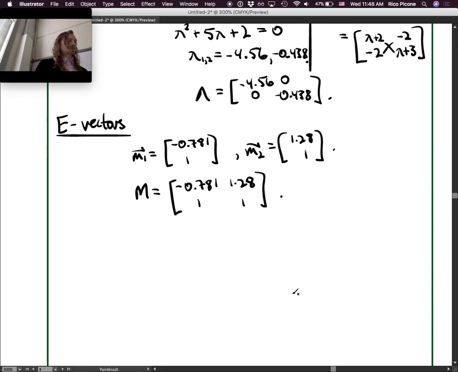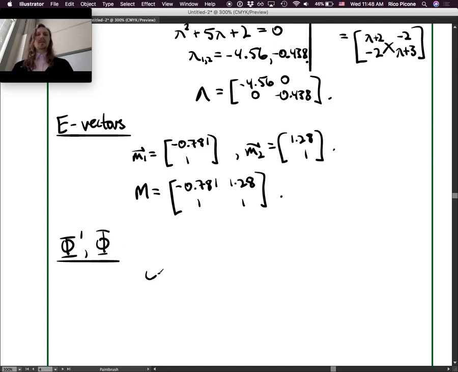Now all we need to do is find phi. Well, first we'll find phi prime, and then we'll find phi. So phi prime is easy. We could have found it after finding the eigenvalues, right?